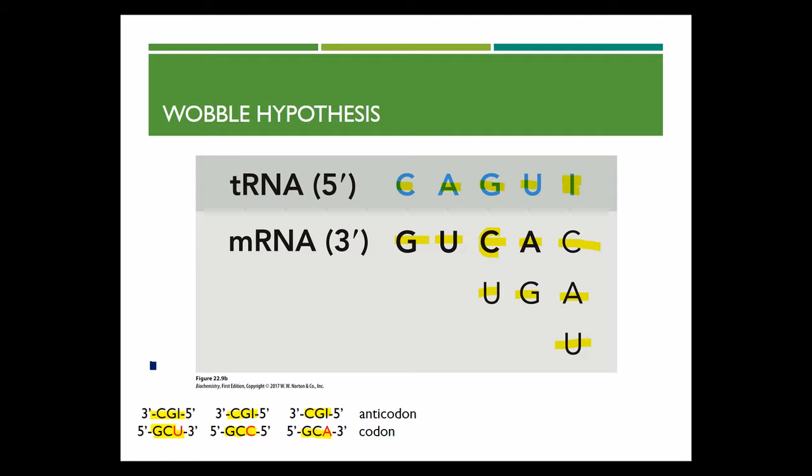But since the anticodon in the transfer RNA contains inosine, it could do a recognition with C, A, or U. That's why there are 3 different codons that will accept the alanine transfer RNA.